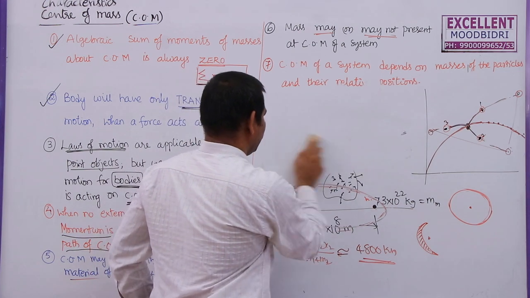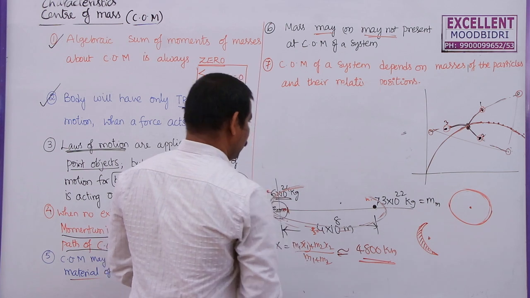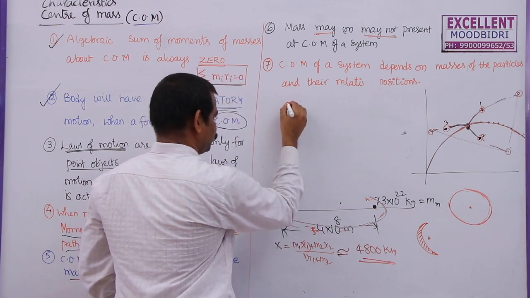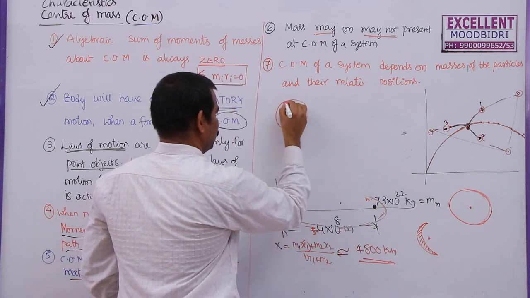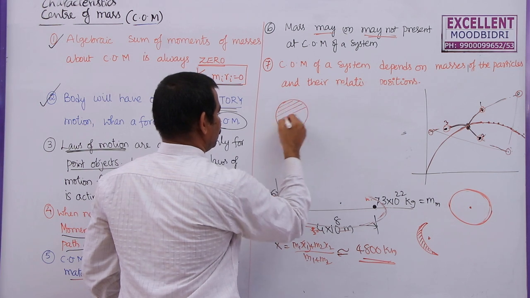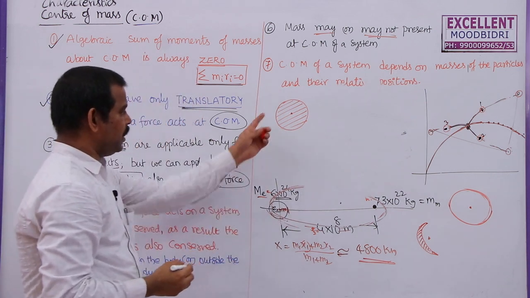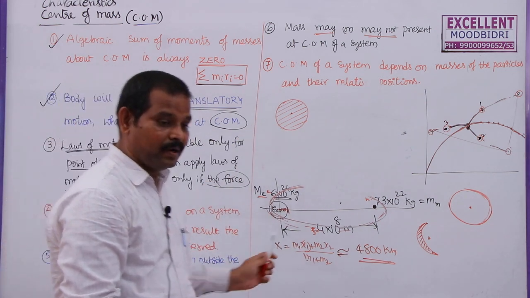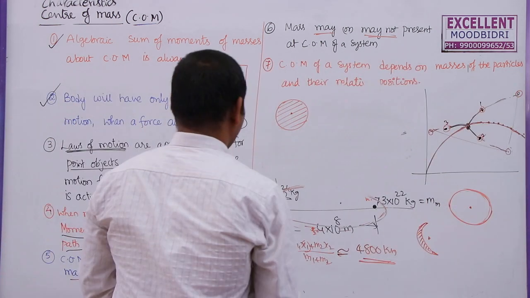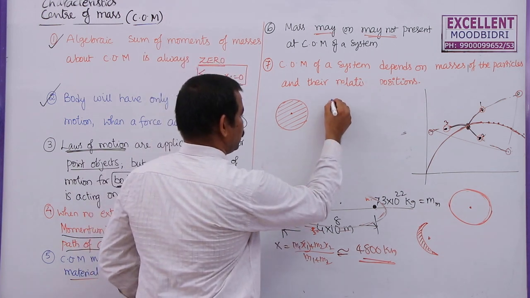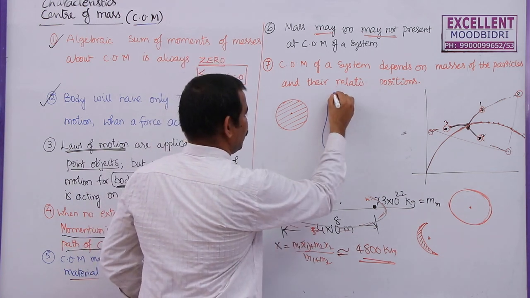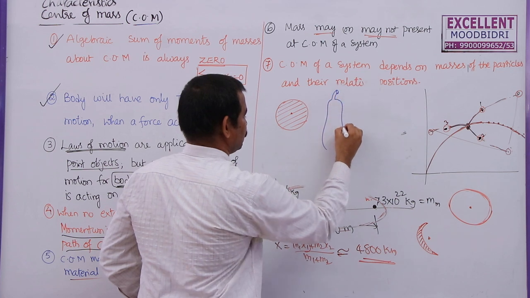So what are these relative positions? Now here you can see, for a cricket ball, the center of mass will lie exactly at the geometric center, as it is a regular body. But if you consider other bodies, let us say one bottle gourd or pear, let me take one pear here.